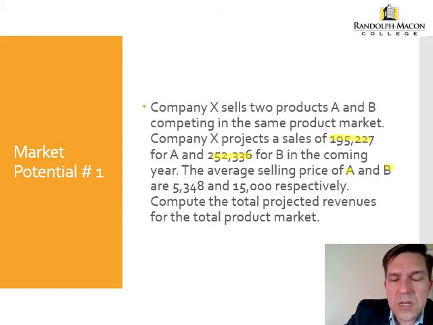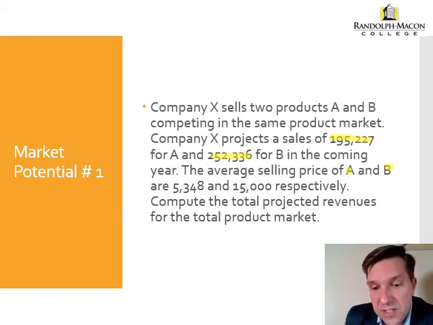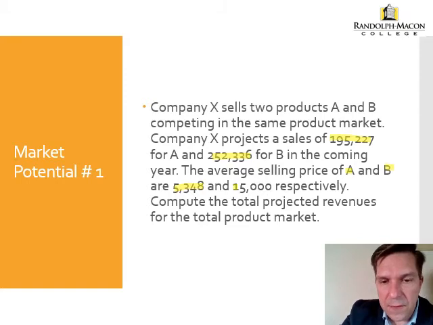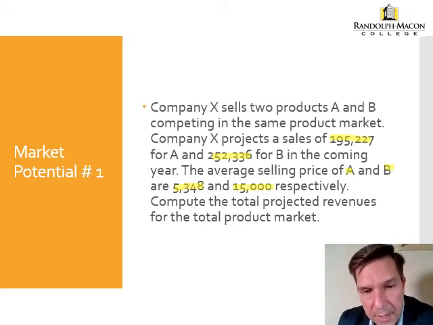Because sometimes there might be different transaction prices, and what you're doing is averaging, because otherwise you need to look at each of the individual prices and add those. That would be painful to do, okay? The average selling prices are $5,348 for product A and $15,000 for product B.